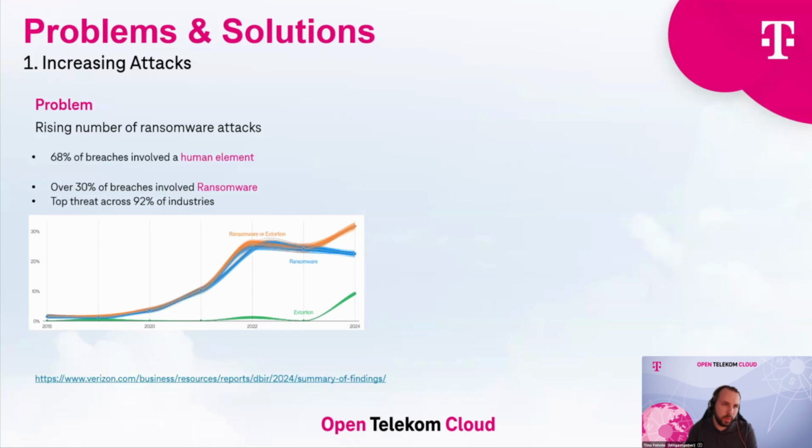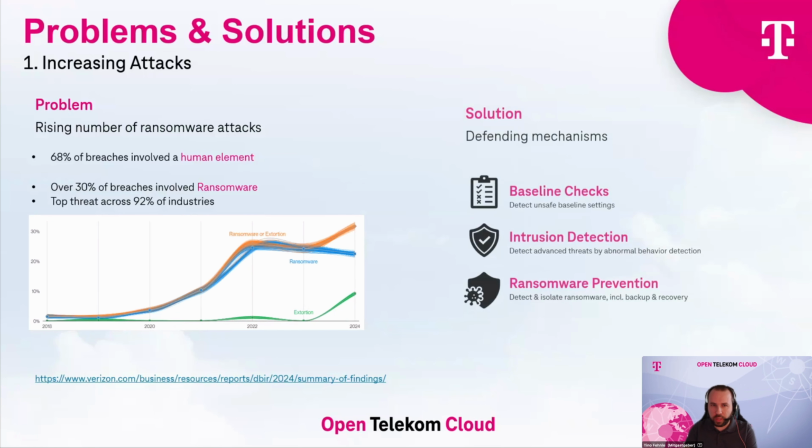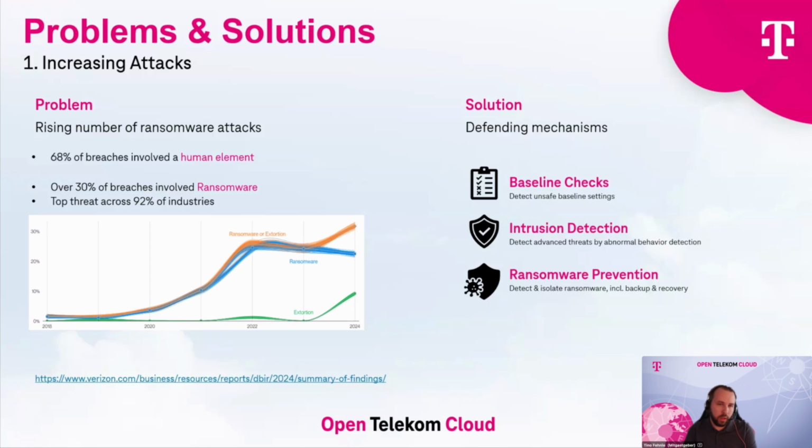For these problems, the solutions are some defending mechanisms. First of all, for example, some baseline checks to detect unsafe baseline settings. So like I said in the beginning, if you set up a machine, maybe you forgot something, to close some ports, to edit your group policy objects to have a safe environment. That's what baseline checks are for: to have a standard compliance or security baseline on your machines to reduce threats.